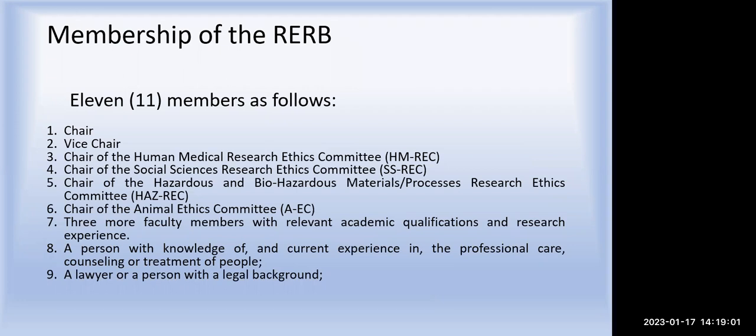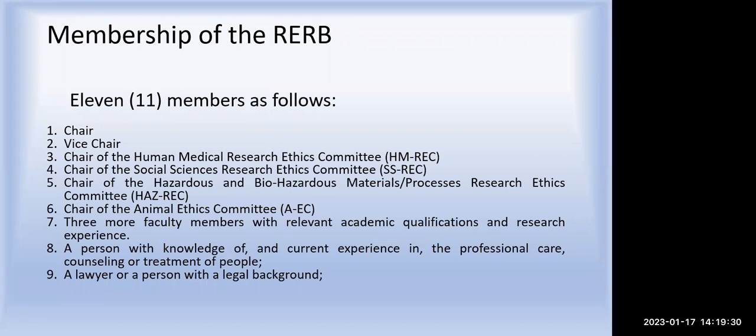This includes the chair, vice chair, chair of the Human Medical Research Ethics Committee, chair of the Social Sciences Research Ethics Committee, chair of the Hazardous and Biohazardous Material Research Ethics Committee, and chair of the Animal Ethics Committee. These are the four ethics committees responsible for reviewing research proposals in order to obtain ethical approval.